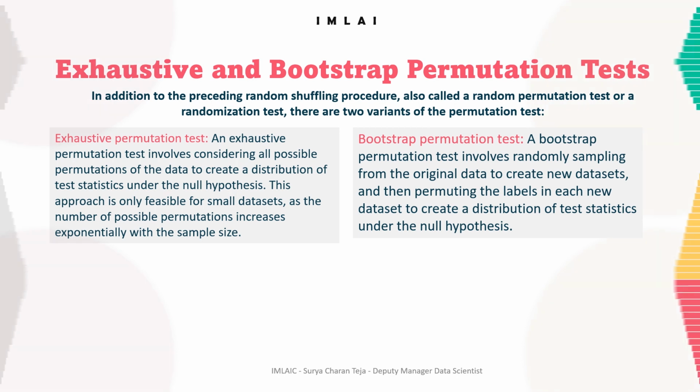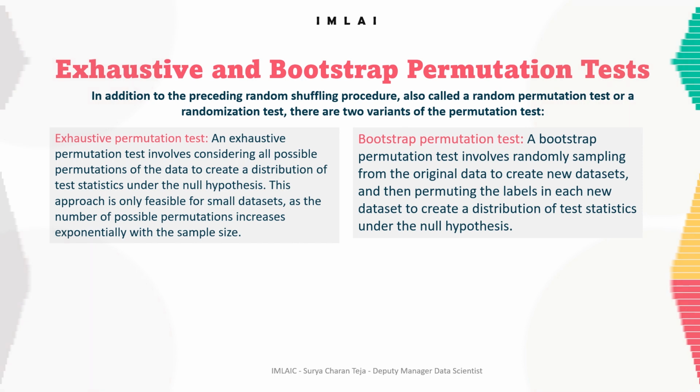A bootstrap permutation involves randomly sampling from the original data to create new data sets and then permuting the labels in each new data set to create a distribution of the test statistics under the null hypothesis.